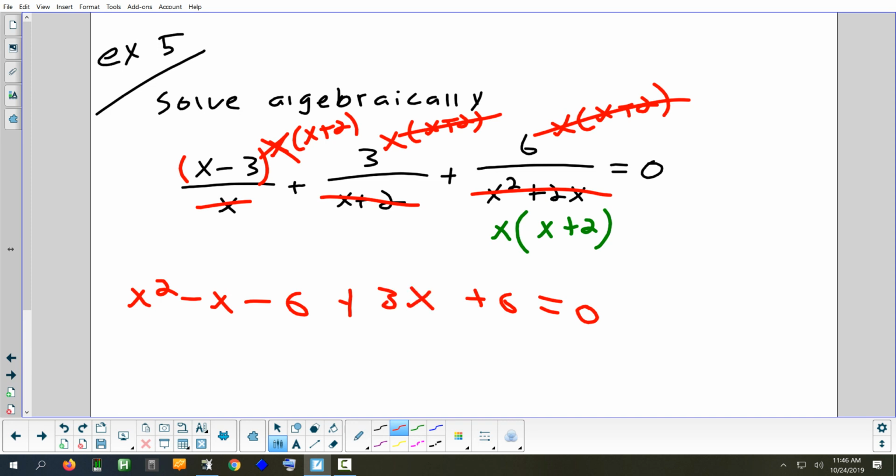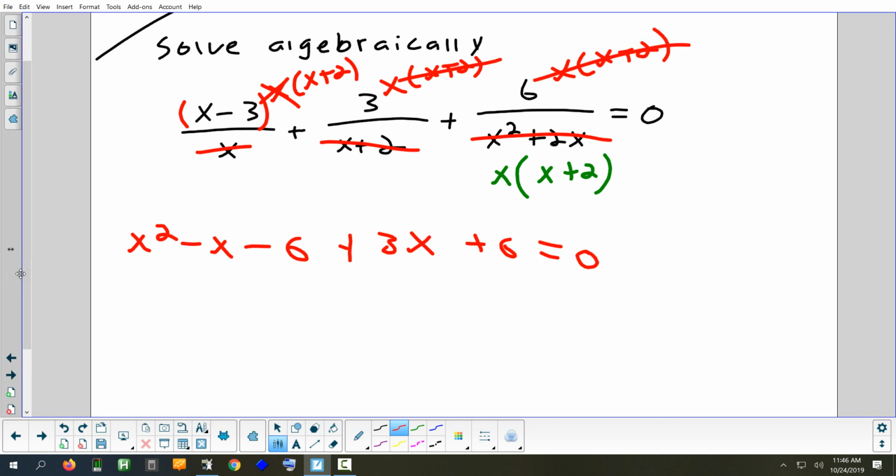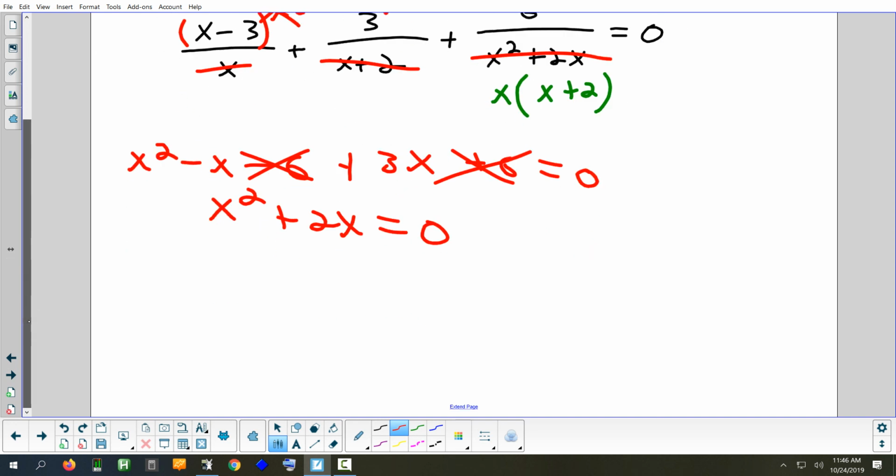Jeez, the second mistake I've ever made. So I think we're good. Minus 6 plus 6, that's great. Minus x plus 3x. So x squared plus 2x equals 0. Factor out the x.